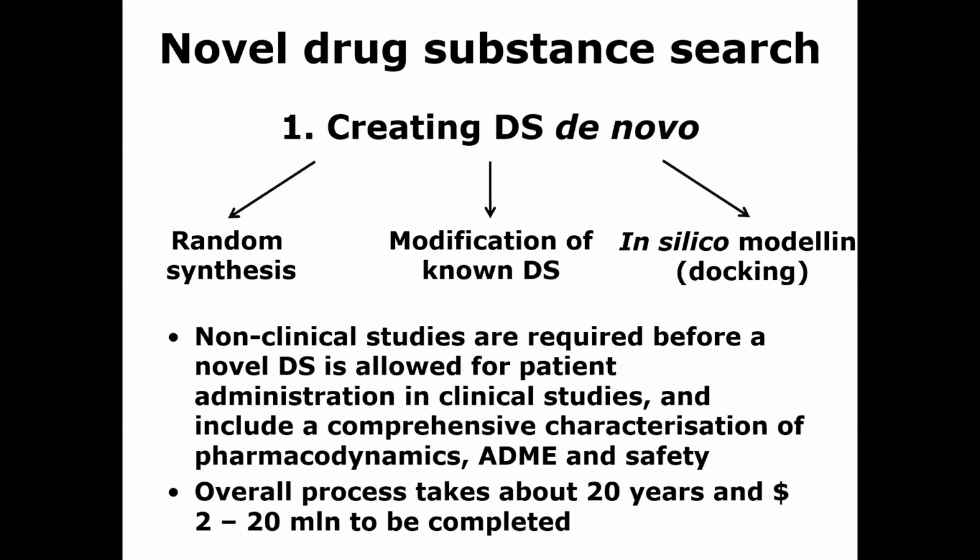For this approach for creating drug substance de novo, we need a huge program of preclinical evaluations, and that includes pharmacokinetics, pharmacodynamics, safety, mainly safety and toxicology studies, which include long-term mutagenesis and teratogenesis studies.